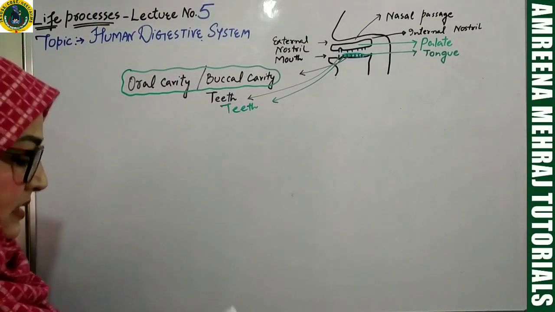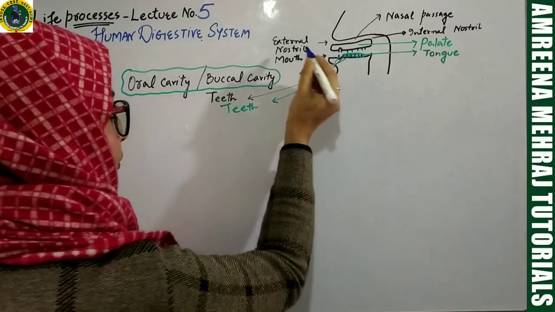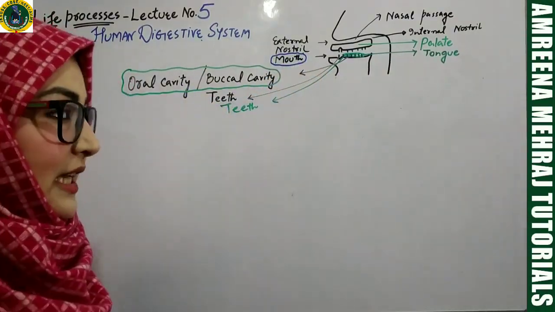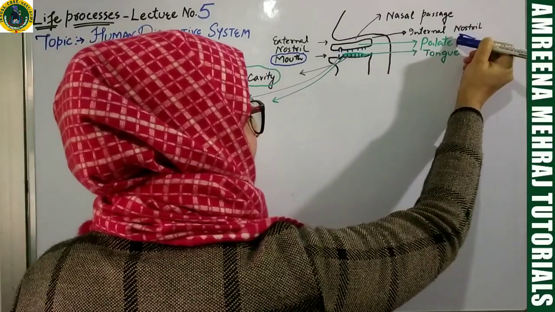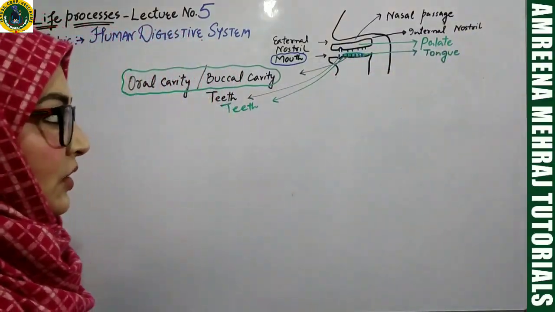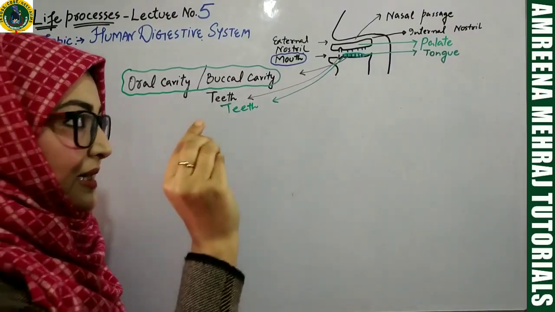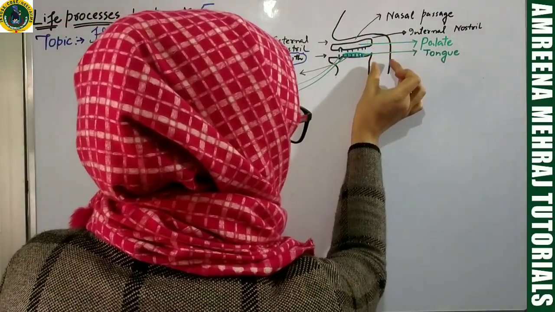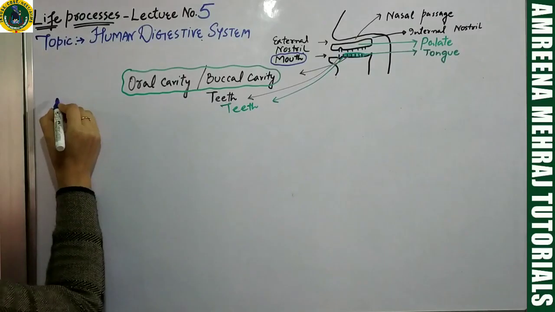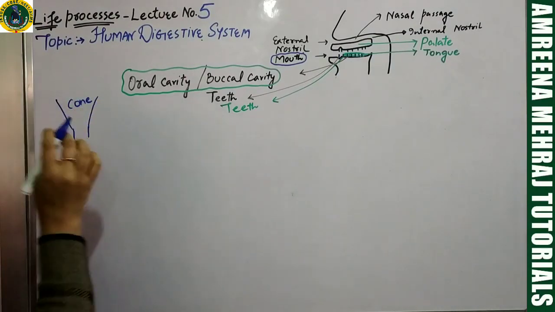Okay. So till now you got the important parts. Over here, you saw the mouth and the buccal cavity, or oral cavity, along with the palate, the tongue, and the jaws with the teeth. Now, after that, you will be able to find a passage. Doesn't this part resemble a cone?